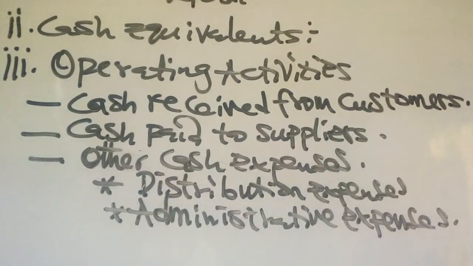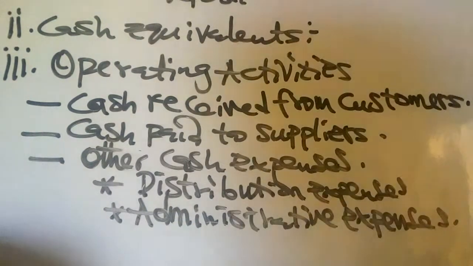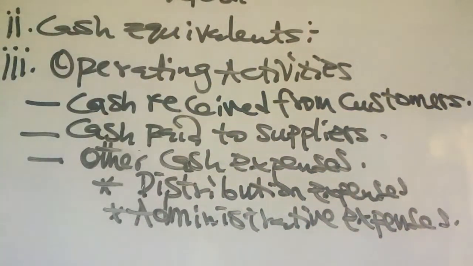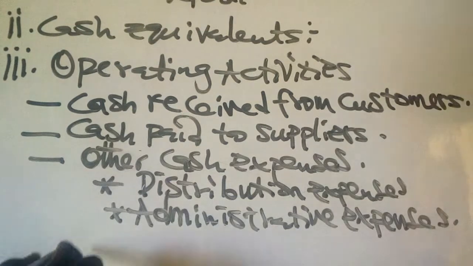Then you want to convert it to cash. That means the accrual items have to be removed. Examples of items reported in line with the accrual basis principle are, number one, depreciation, and number two, impairment.